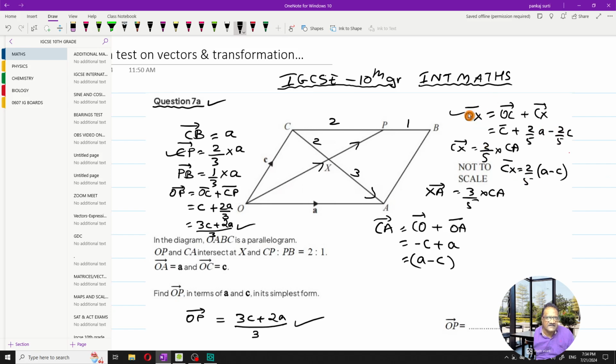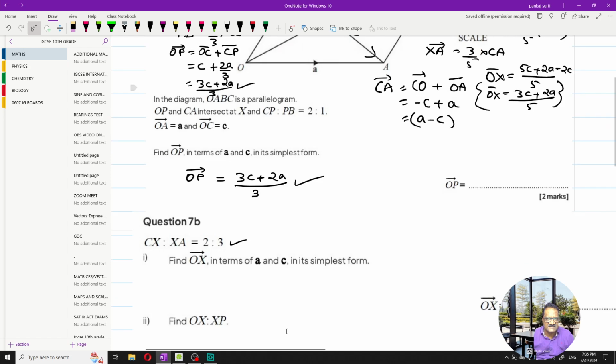So from here you will get OX. If you work this out, the LCM will be 5, so this will be 5C plus 2A minus 2C. 5C minus 2C is 3C, so OX will be equal to (3C plus 2A) upon 5. So this is your answer for OX.